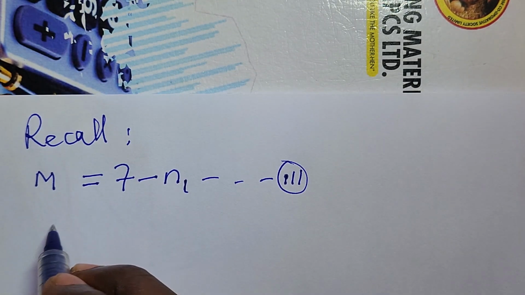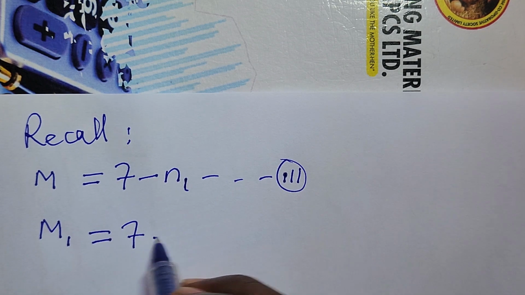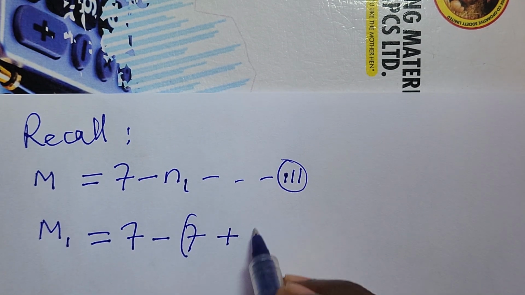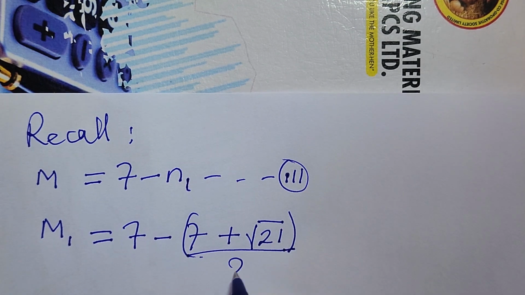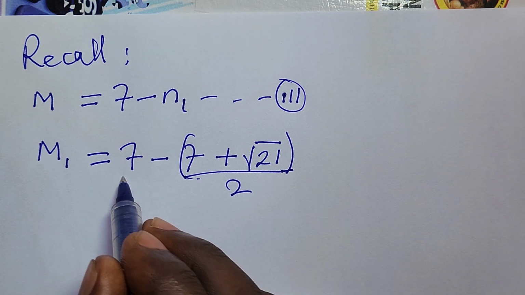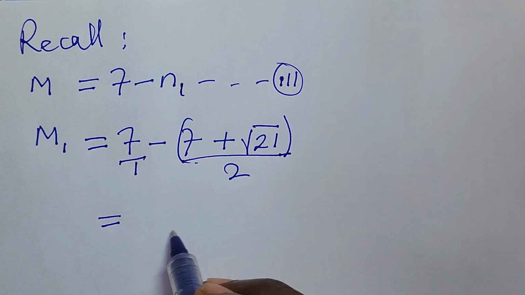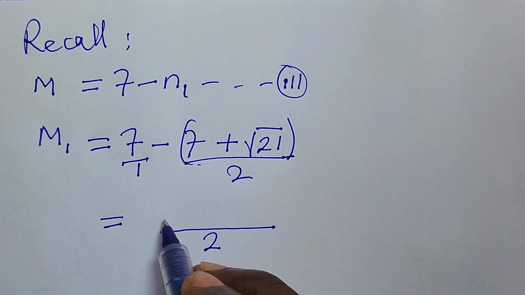So this will now give us m1 equal to 7 minus (7 plus the square root of 21) all over 2. We then look for the LCM, because the 7 is all over 1. The LCM is 2, so 2 times 7 gives us 14.